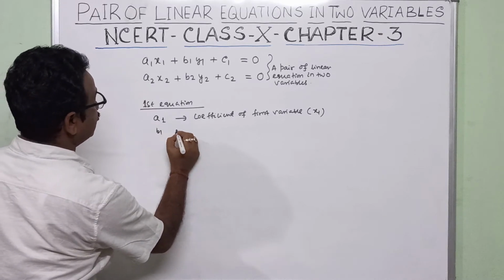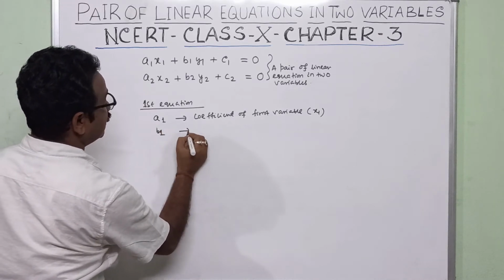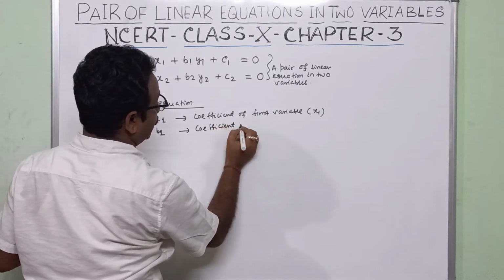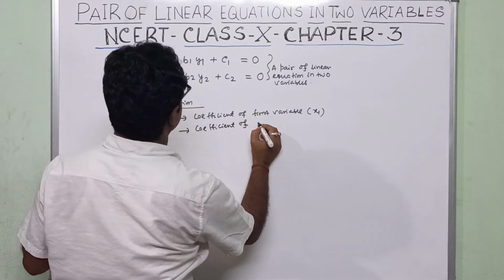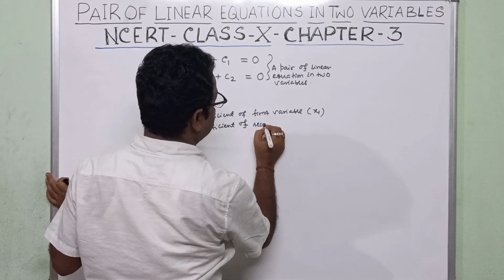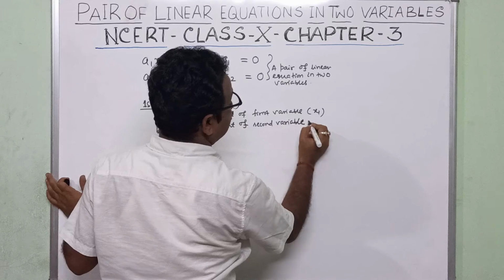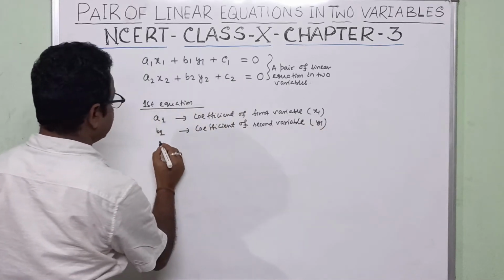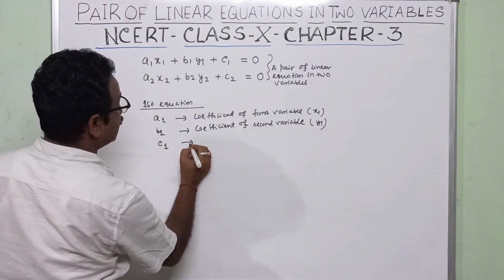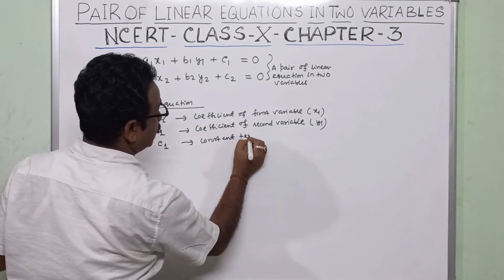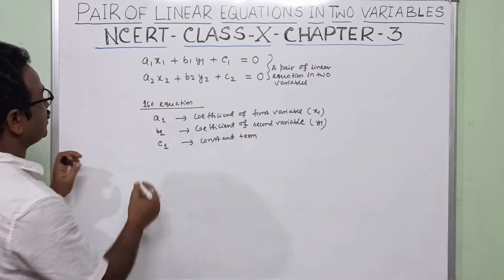Now b1 is the coefficient of the second variable, that is y. Now c1 is the constant term in the first equation.